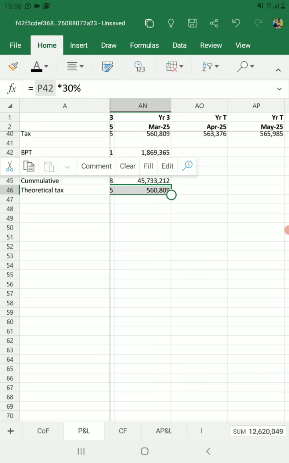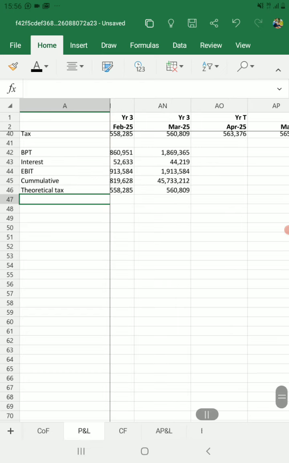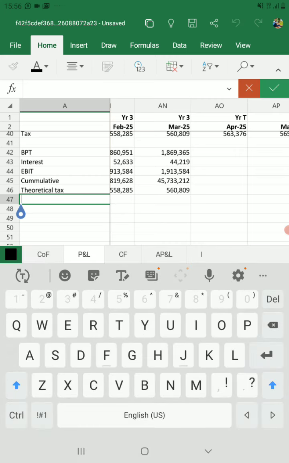Okay, and then we now need our tax payment assumptions. As we said, we pay tax at the end of the calendar quarter.